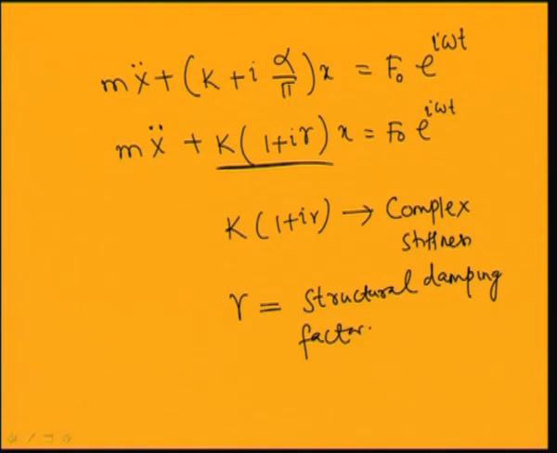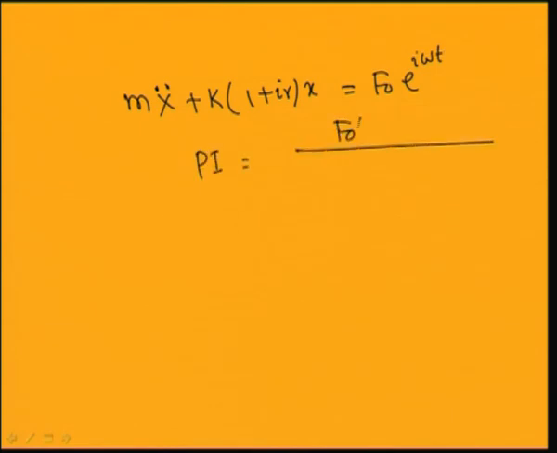So, taking these two we can find the response of the system. In this case the response of the system I can find in this form. So, I know the particular integral for the system can be written in this form. As the equation is m x double dot plus k into (1 plus i gamma) x equal to f0 e to the power i omega t, the particular integral will be f0 by m e to the power i omega t.